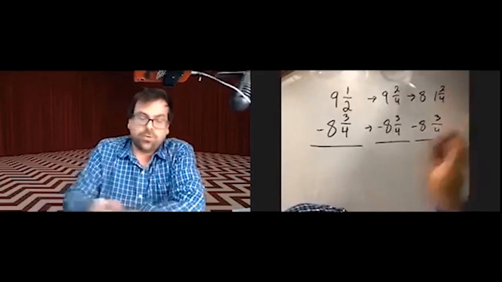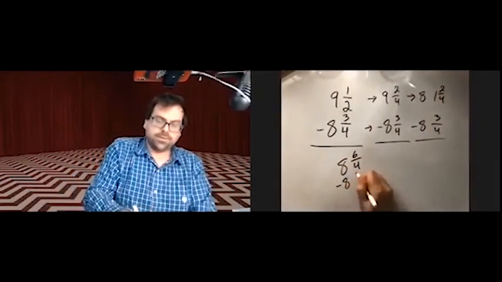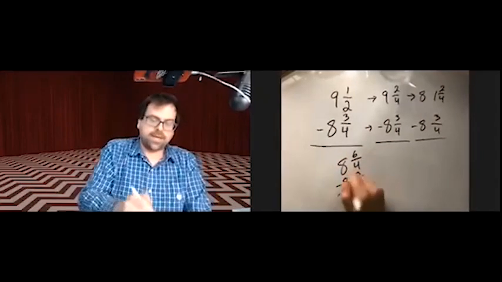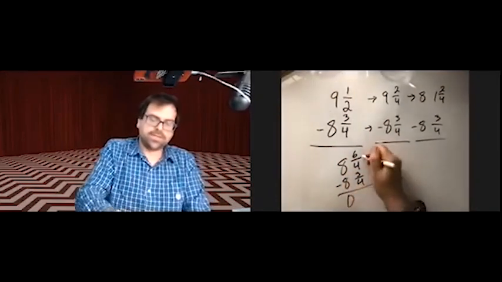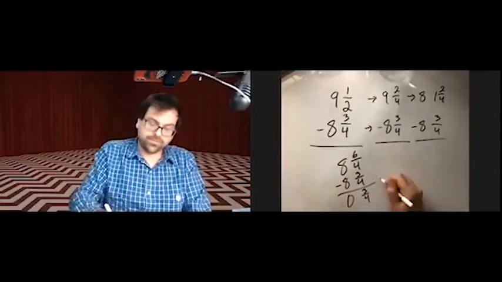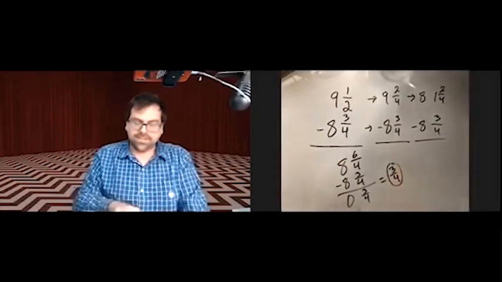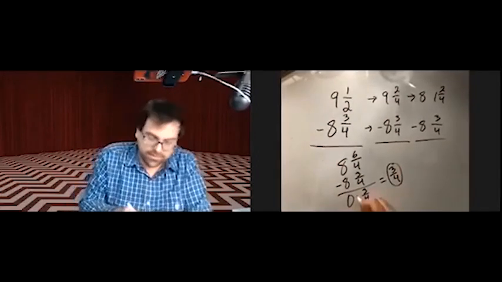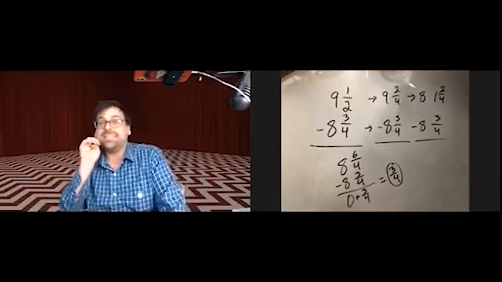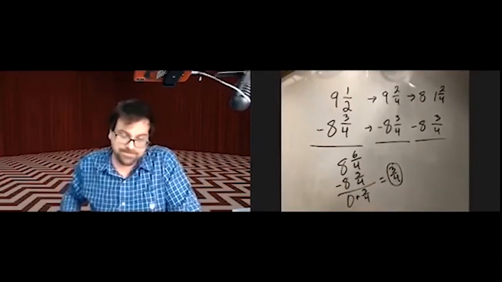The 1 and 2 fourths becomes 6 fourths. 8 minus 8 is 0. 6 fourths minus 3 fourths is 3 fourths. So just 3 fourths. This isn't multiply. Remember, that means add. A mixed number has an addition between the whole number and the fraction.